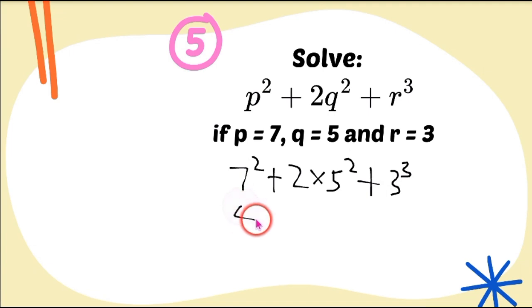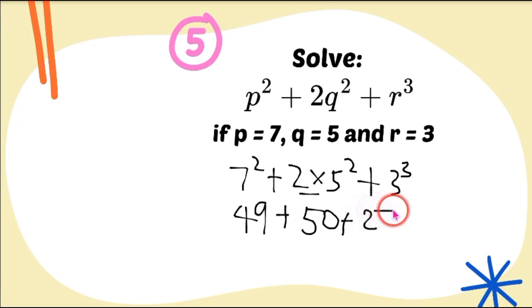So this is 49 plus 5 square, which is 5 times 5, then times 2. 5 times 5 is 25, 25 times 2 is 50, and then 3 cube is 3 times 3 times 3. 3 times 3 is 9, 9 times 3 is 27, so 27 here.